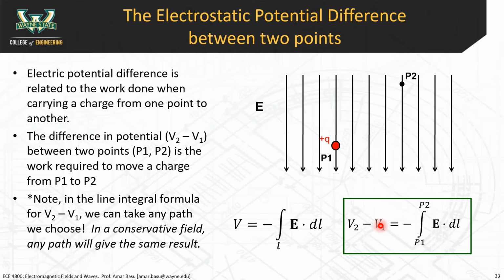So again, imagine a positive charge here, and we're going to move it from P1 to P2. And the amount of force that it takes at any given point is related to E dot dl. It's going to be equal to Q times E, right? Force is equal to E times Q at any given point. And so at every point, you're accounting for the work that it takes to move this charge against the electric field.